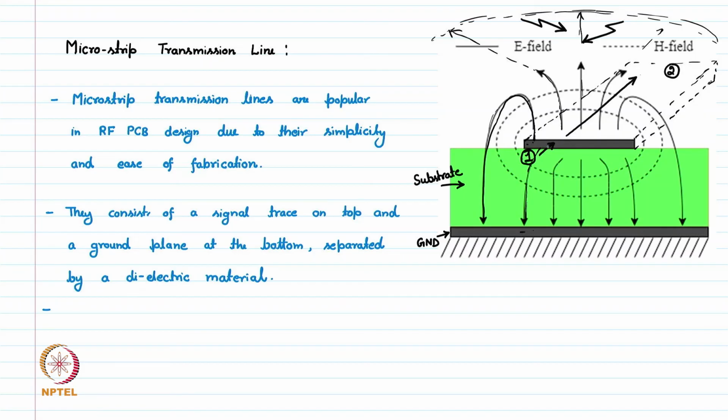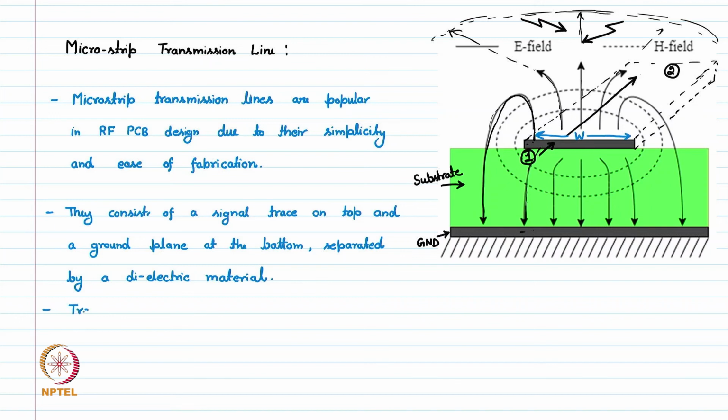The trace width, which is this width, and the spacing between two traces, and there are multiple other factors also, need to be very carefully designed. For example, this trace width determines the characteristic impedance of our transmission line.